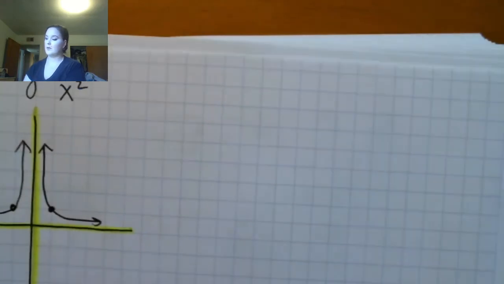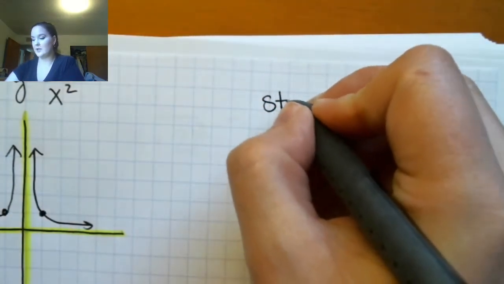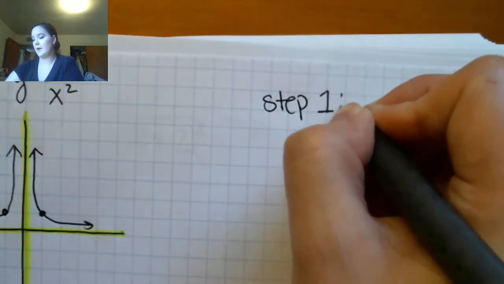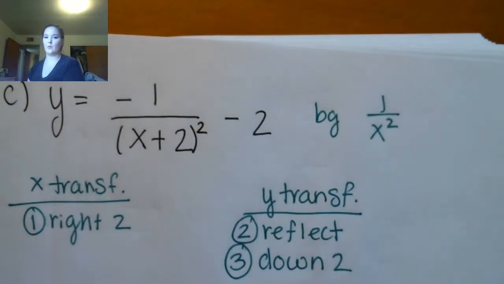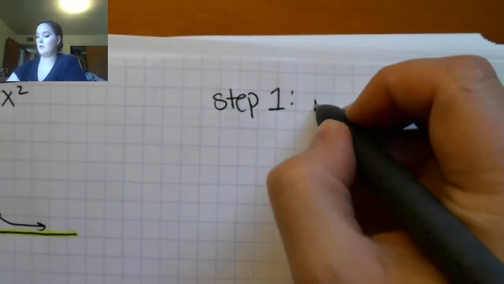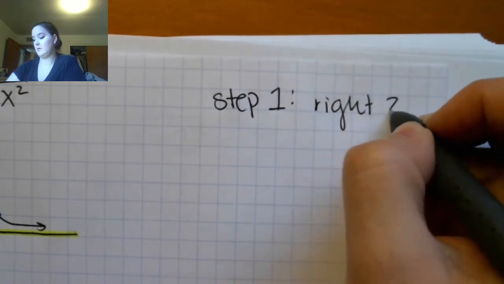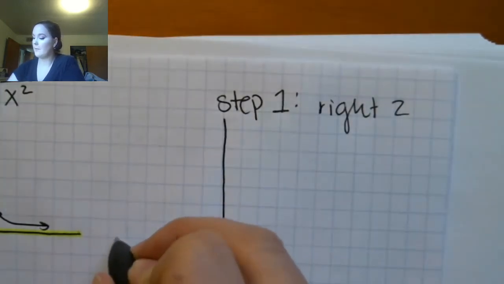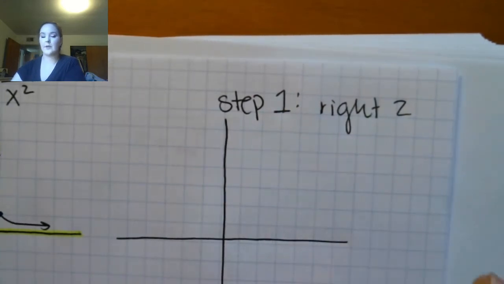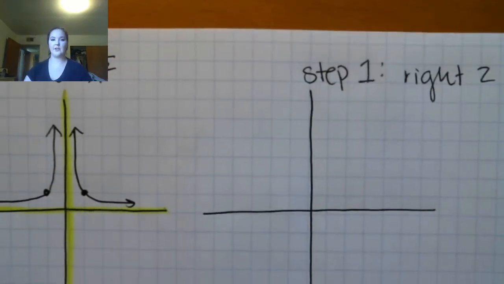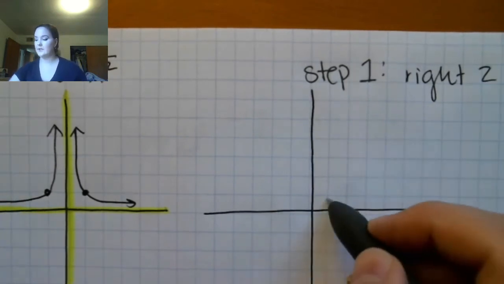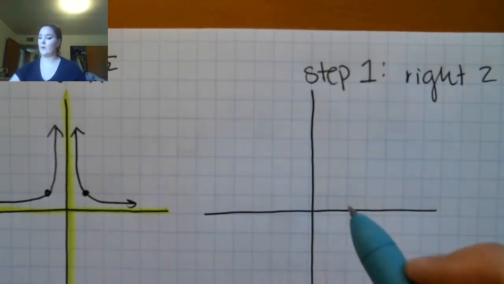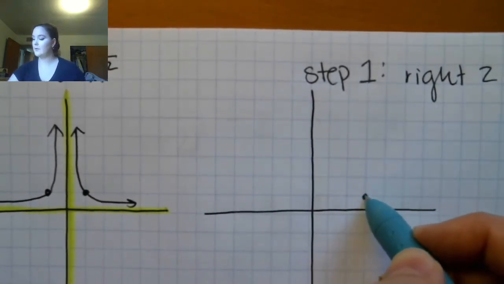Okay, so let's do our first transformation, which was right 2. So we're going to take everything from our base graph and shift it right 2. I'm going to take this key point and shift it right 2, so 1, 2.